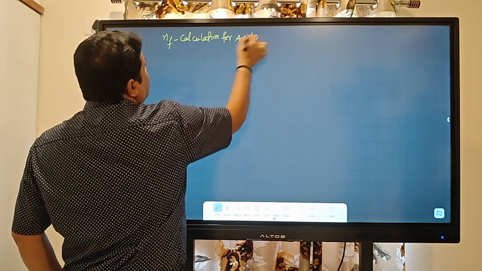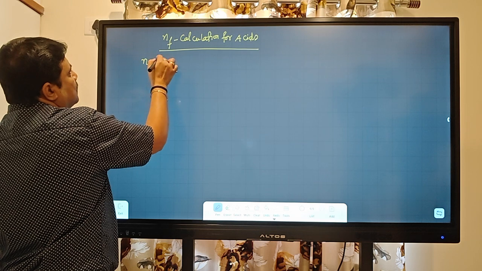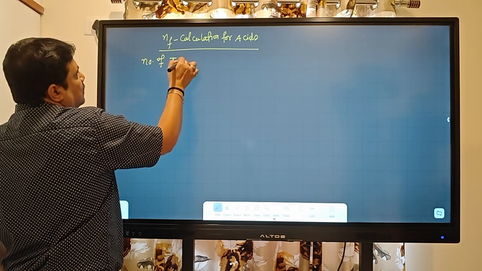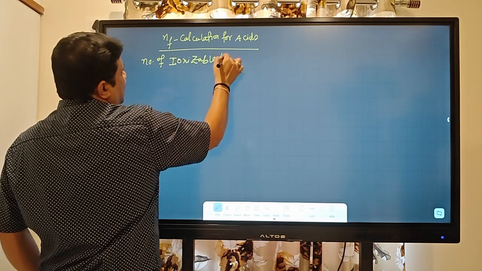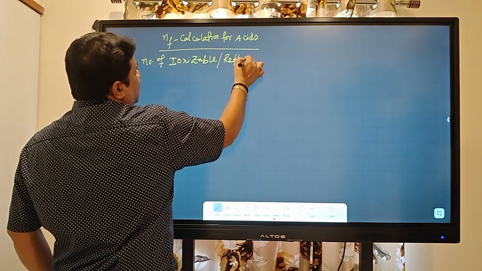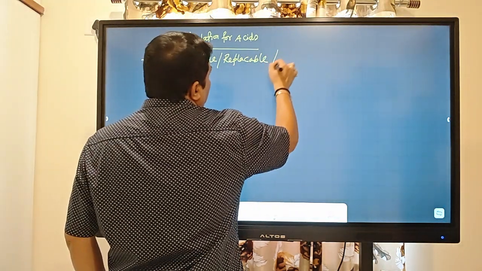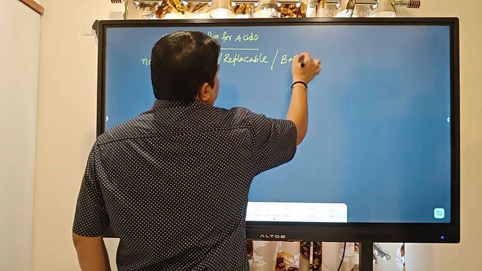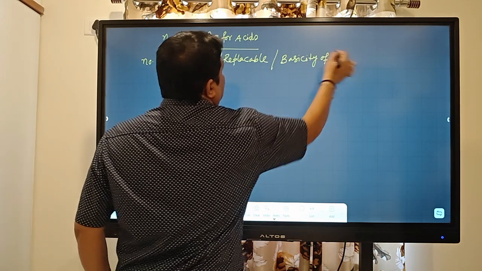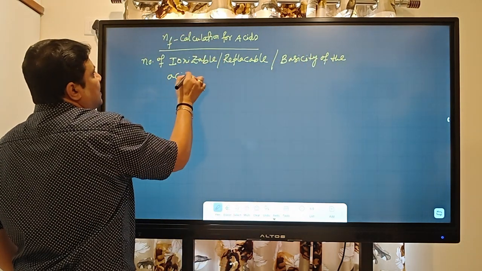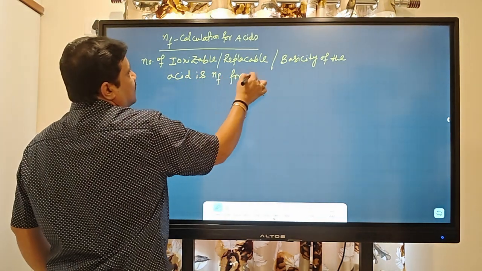What is it telling? The number of ionizable or replaceable H plus, or the basicity of the acid, is the n factor for acid.